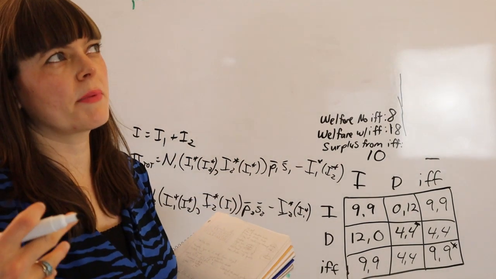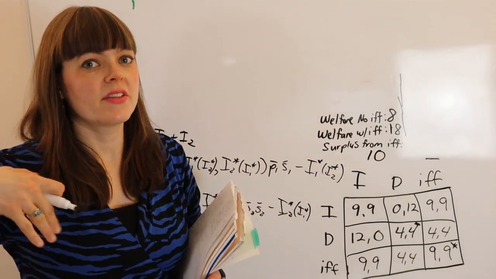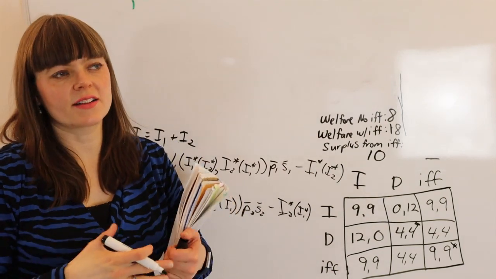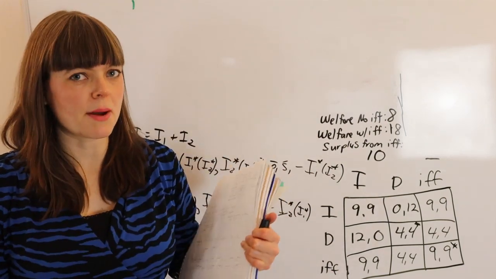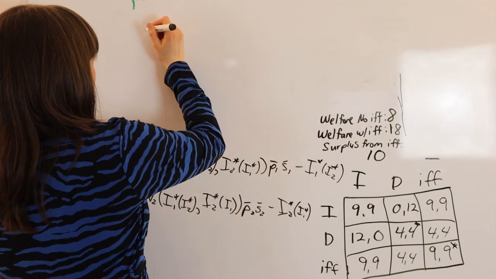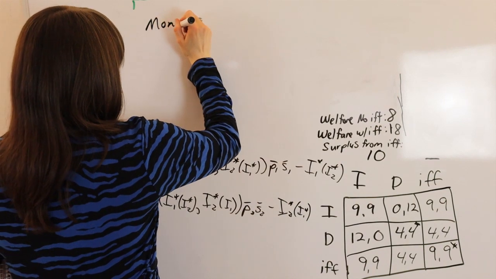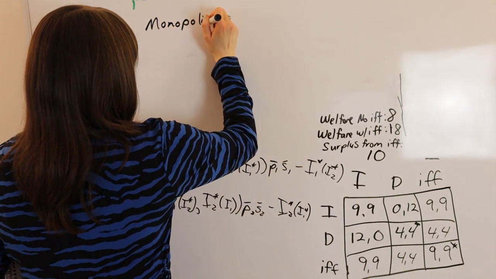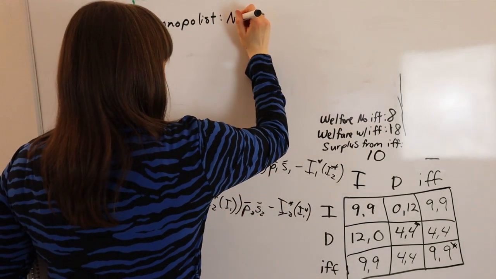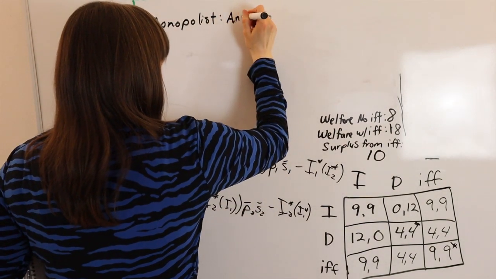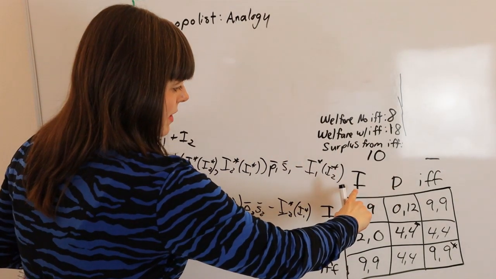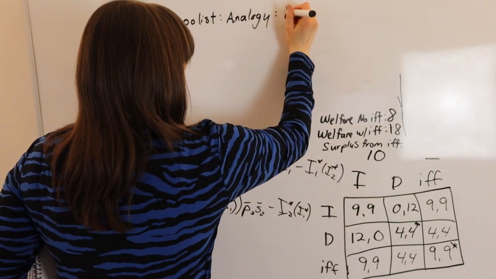So they're basically behaving like a monopolist firm that's maximizing the total profit among the industry, and then it'll have to figure out how to divvy up that profit among the players. So we have a monopolist, which is like the consortium, basically. And then the analogy when we look at this table is going to be both players investing, invest.